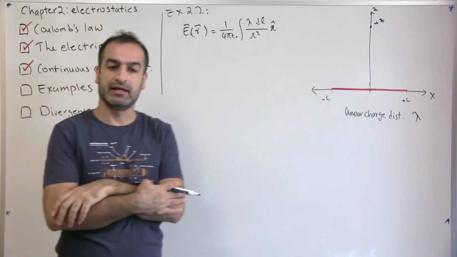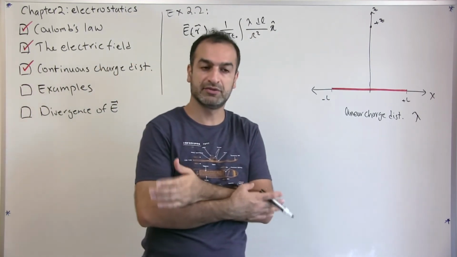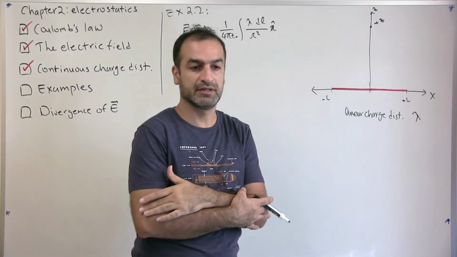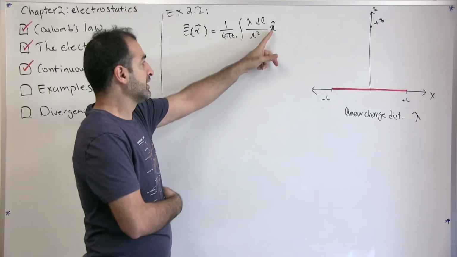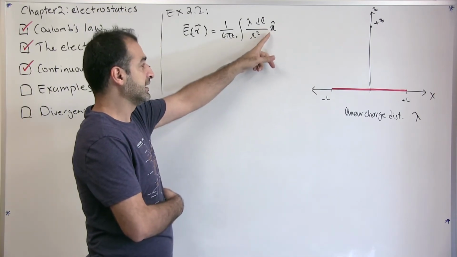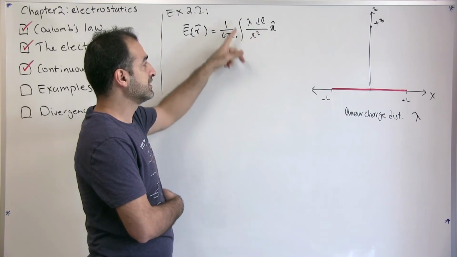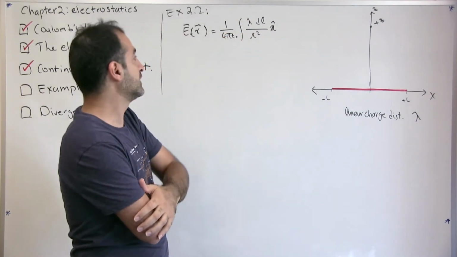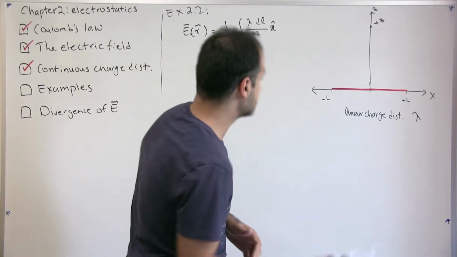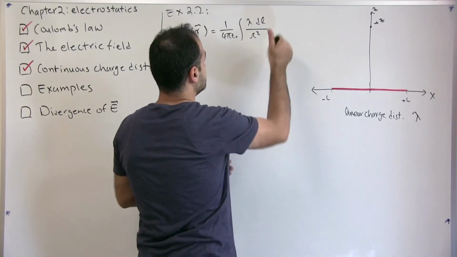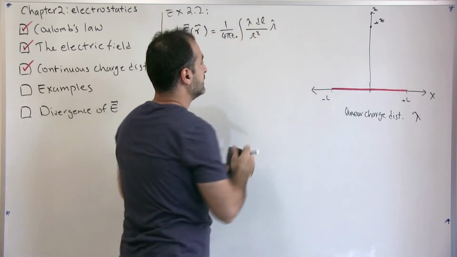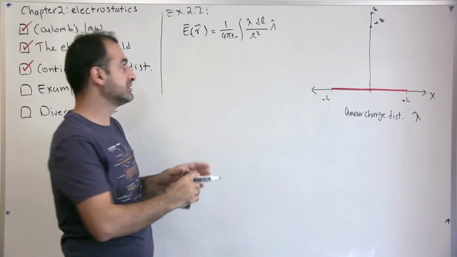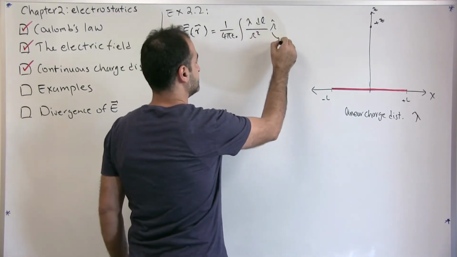These things could be trivial and could be non-trivial, okay? In certain problems it can be very difficult to identify what is r hat, and sometimes you identify it and it's difficult to do the integration. One thing you should be careful about is that the r hat is not a constant vector. It changes depending on where the integration is happening.